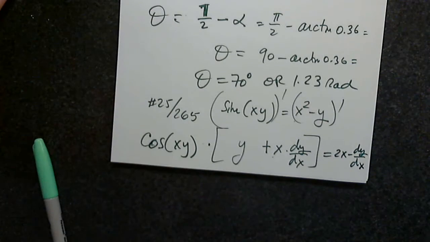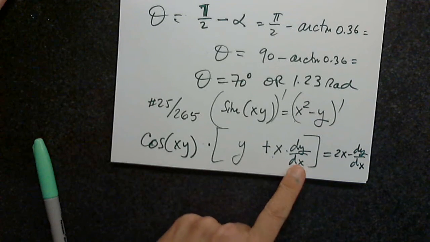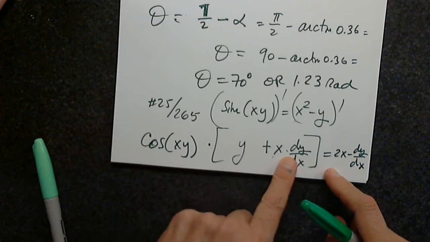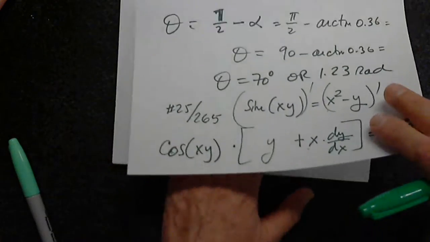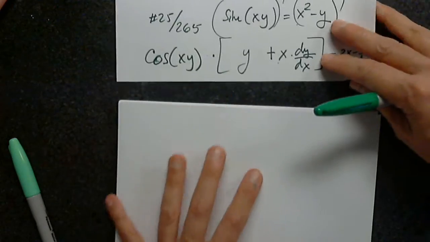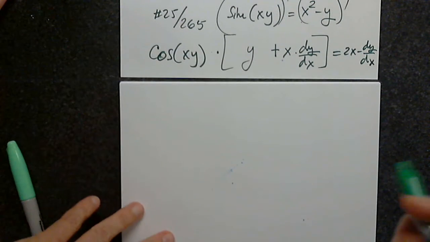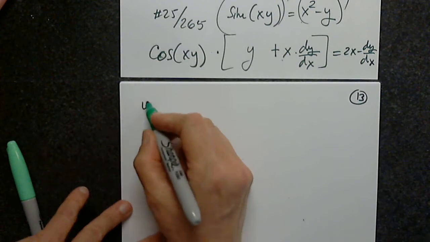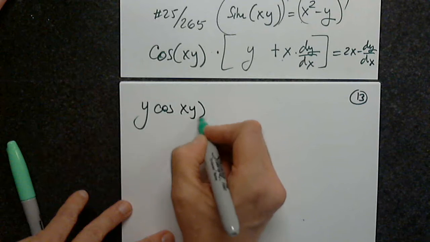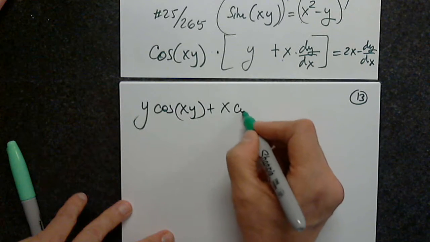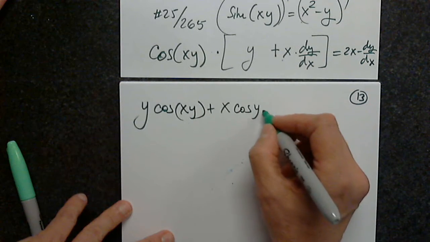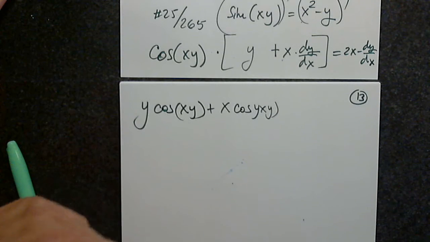Do you agree with this? But we cannot remove dy over dx from inside brackets before we distribute. So we have to distribute cosine to both. So we have y cosine xy plus x cosine xy dy over dx. I'll erase that.